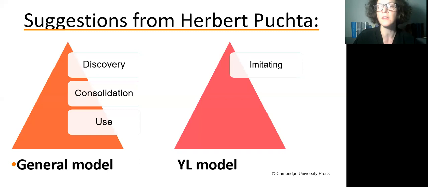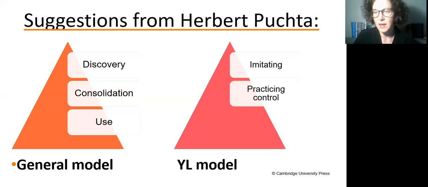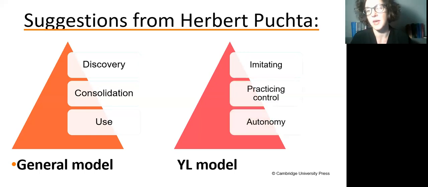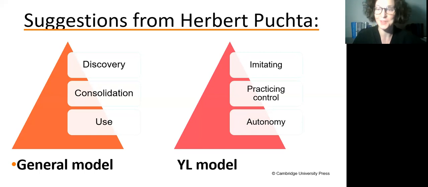Still, the young learners model is a little bit different according to Herbert Buchter. What he says: imitating, practicing control, autonomy. Imitating is something that we call production in the presentation, practice, production stage. This is how we all learned our first native language. We were just imitating it, and then we managed to conceptualize, to acquire, to appropriate this language.